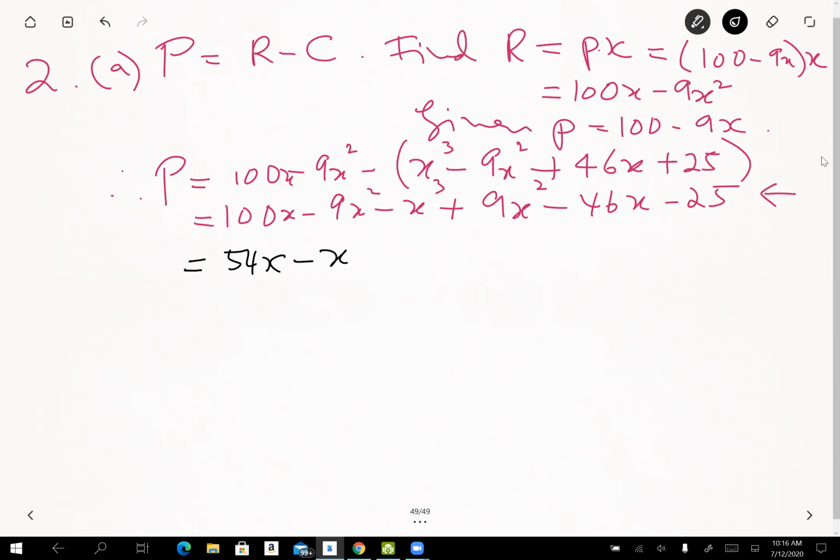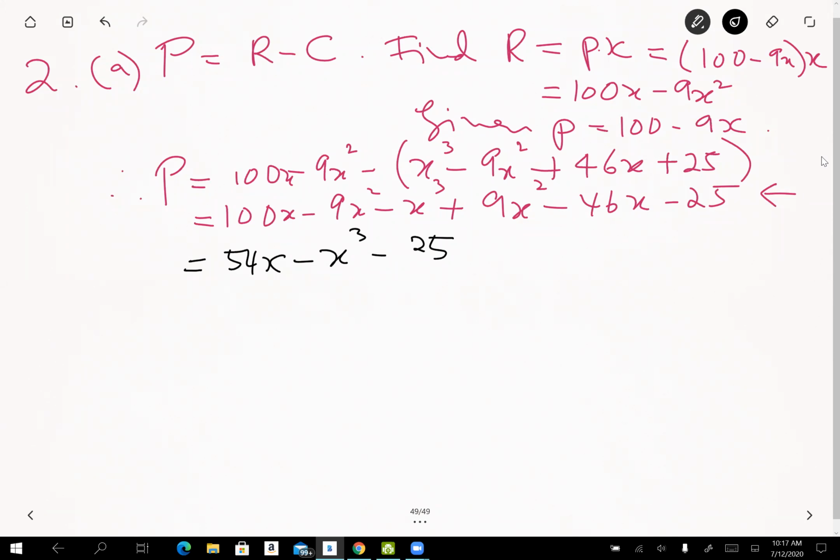So you got negative x cubed minus 25. Is that right? 100 minus 46, you got 54. 9 and 9 cancel out, you got negative x cubed, and then negative 25. So that is our profit function.